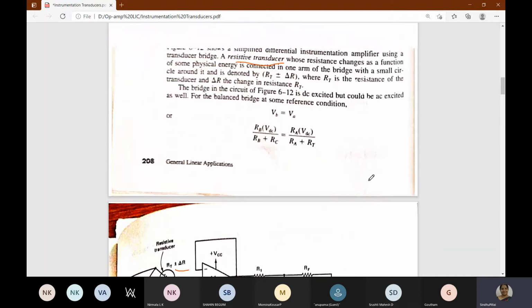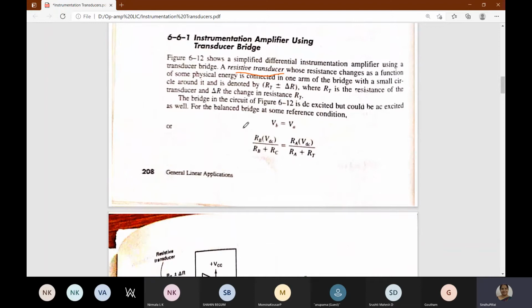First we'll assume that, and one more thing: the resistive transducer which we are using is denoted by RT plus or minus delta R. RT is the resistance of the transducer, and delta R, the differential R, is a very small change in the resistance RT.